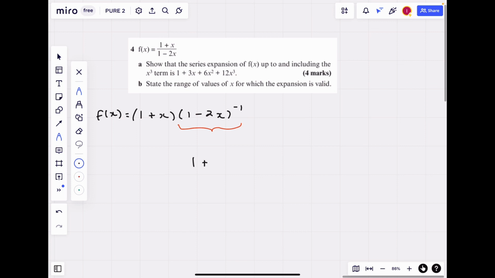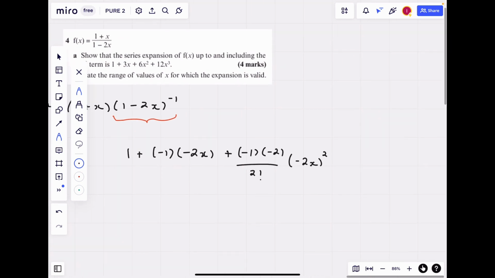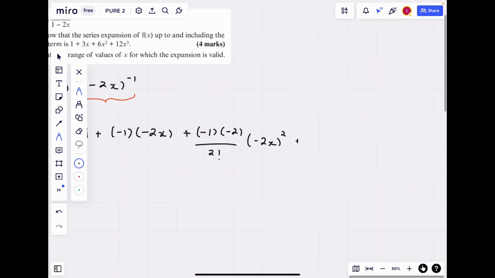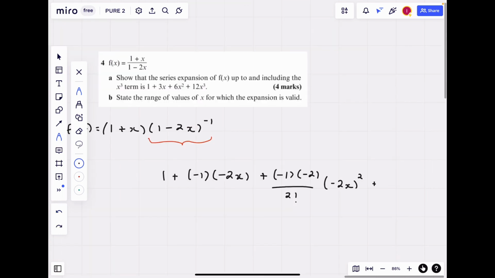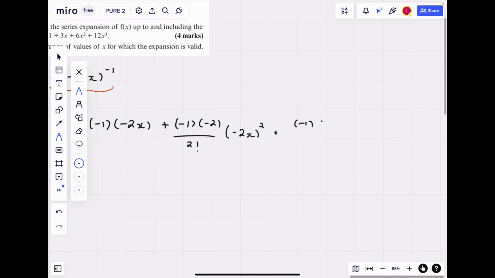1 plus n times bx, plus n times (n minus 1) over 2 factorial times bx squared, and then n times (n minus 1) times (n minus 2) over 3 factorial times bx cubed.